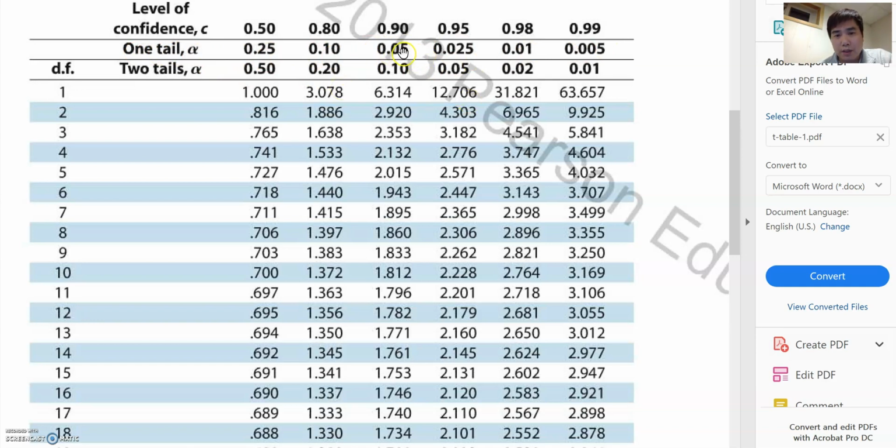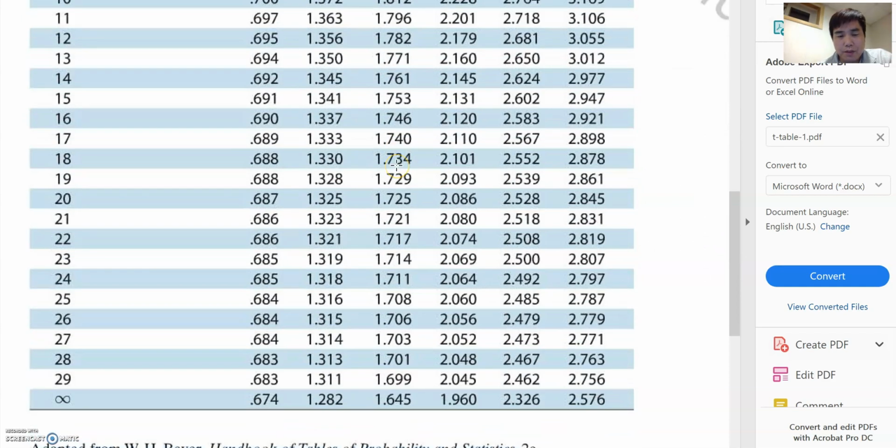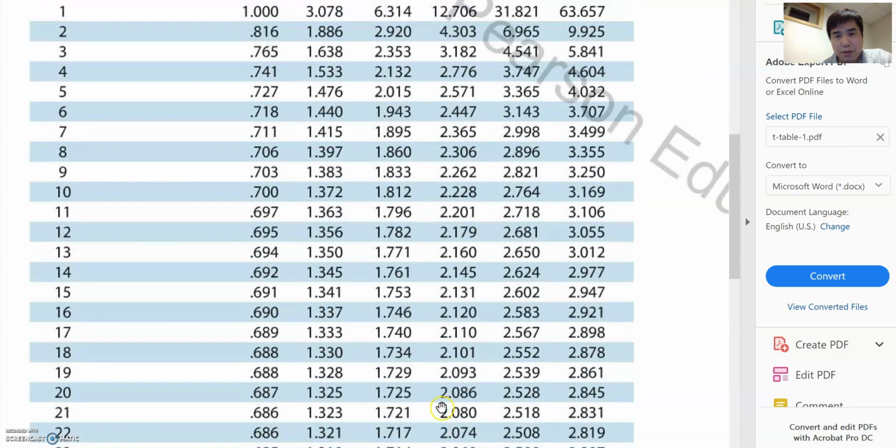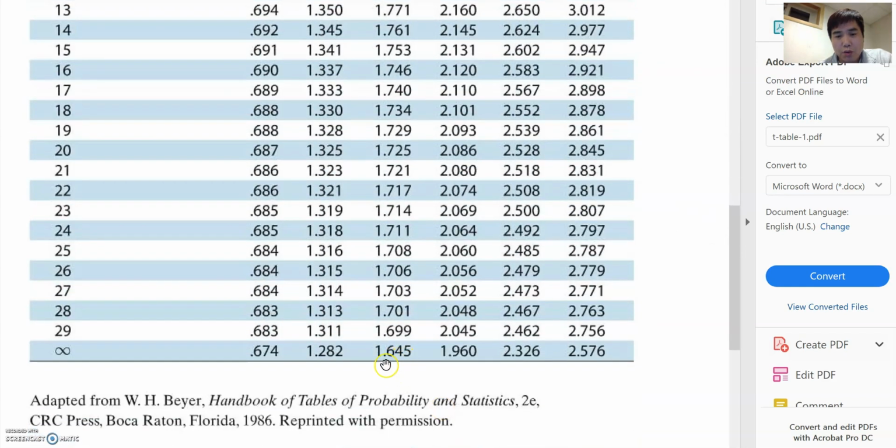Then you look at this column and go to the bottom, where it shows the infinity sign, which means it's a large sample case. Let me double check the number. One tail 0.05 becomes 1.645.